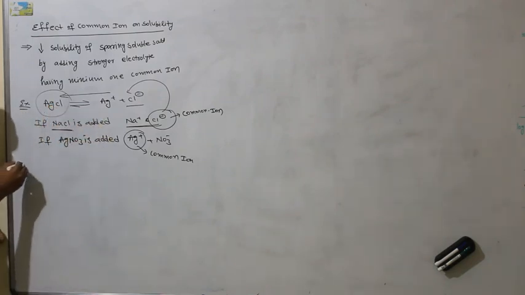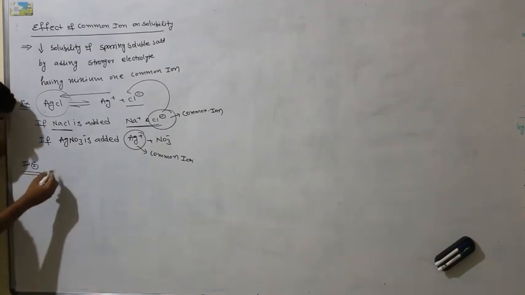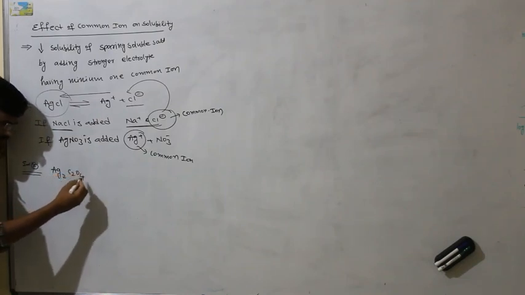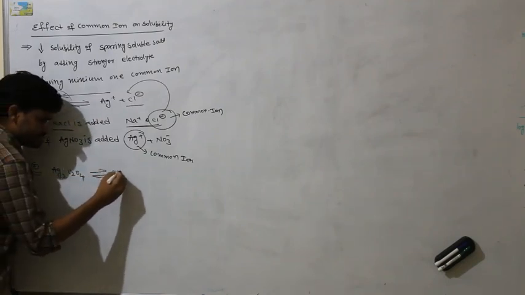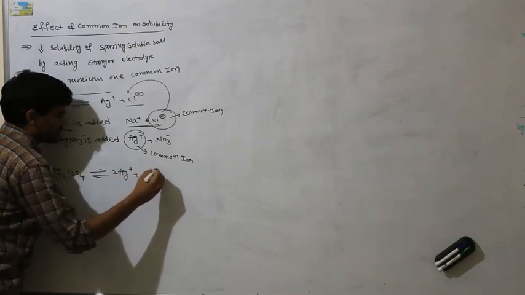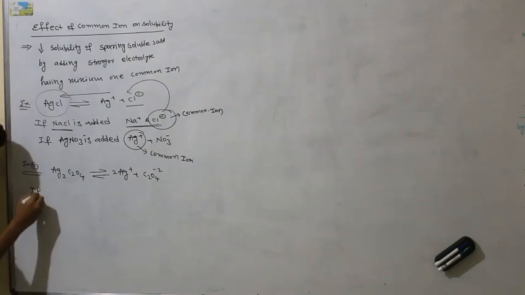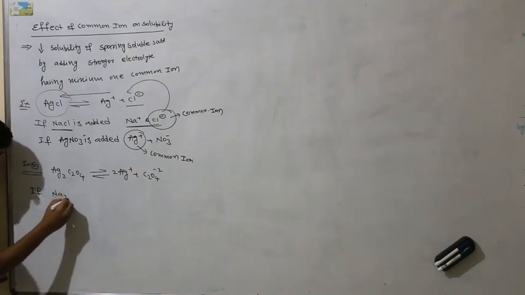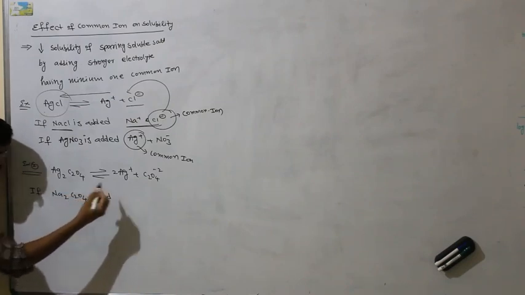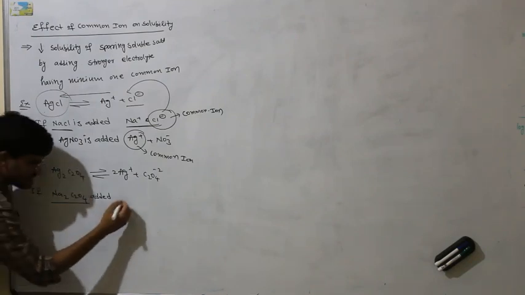Same way, take one more example. If I take silver oxalate, it splits like 2Ag plus plus C2O4 minus 2. For this, if sodium oxalate is added, from the sodium oxalate, what ion will come?